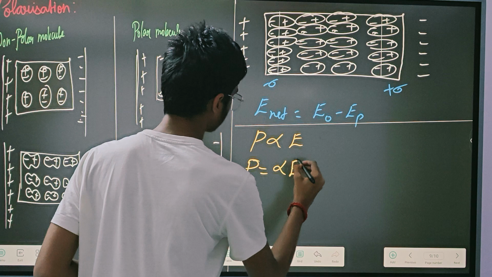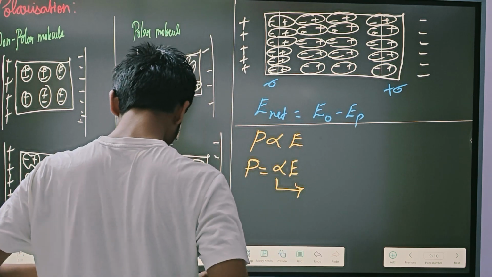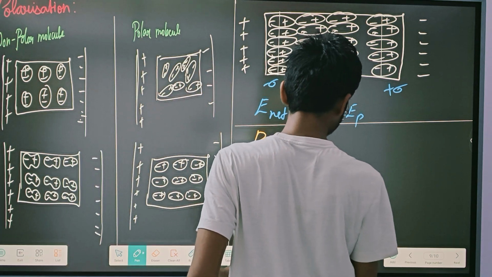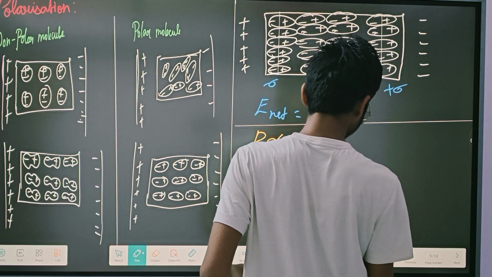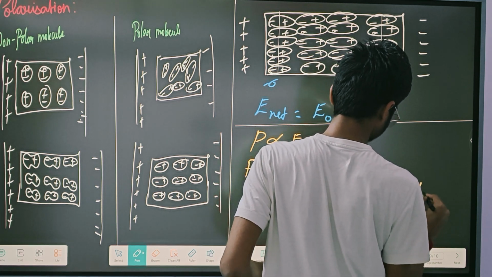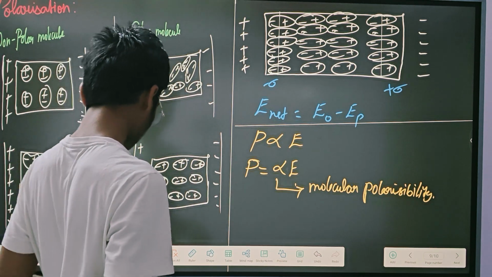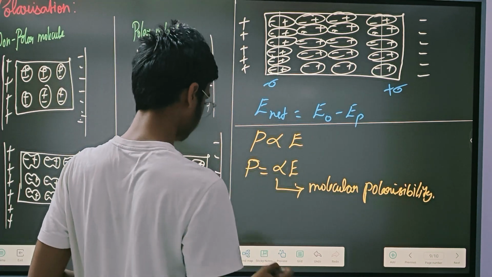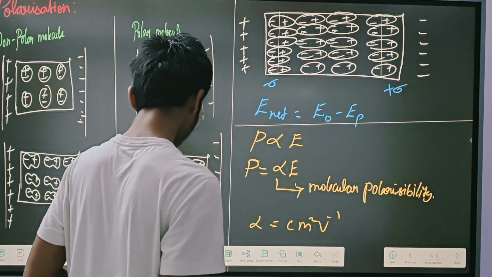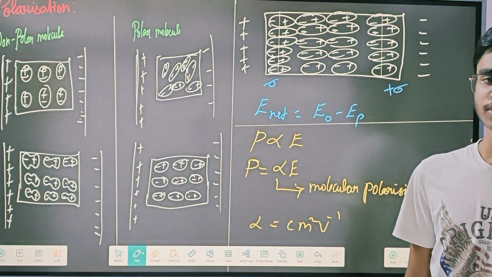Here alpha is the constant, none other than the molecular polarizability. Its SI unit is going to be alpha equals C m squared volt to the power minus 1.